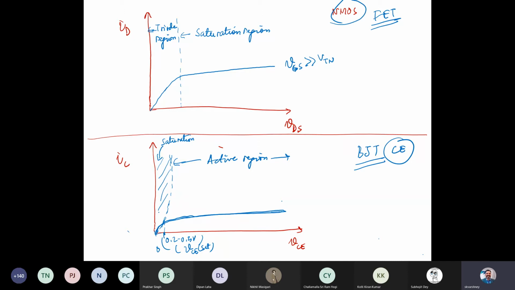In both situations, the terminology is completely reversed: in the MOSFET we operate in the saturation region, whereas in the BJT we operate in the active region. Both have similar output characteristics, where the collector current is almost independent of the applied voltage. In the same way here, the drain current becomes independent of the voltage applied at the drain terminal.